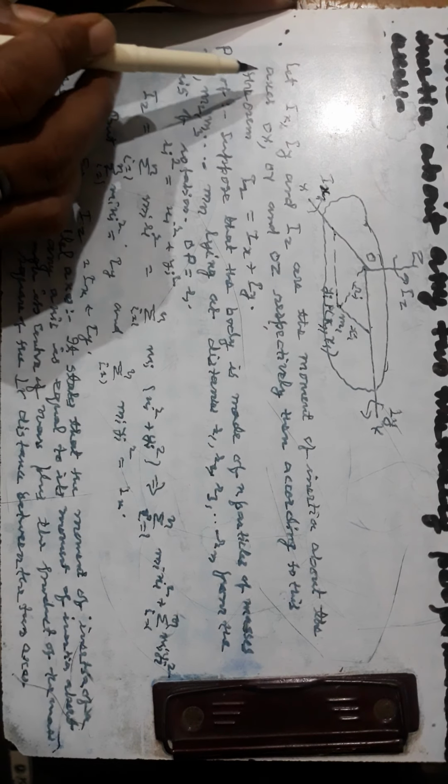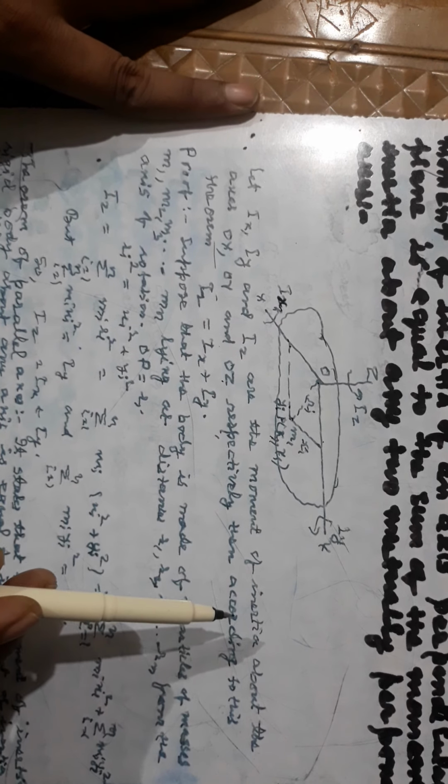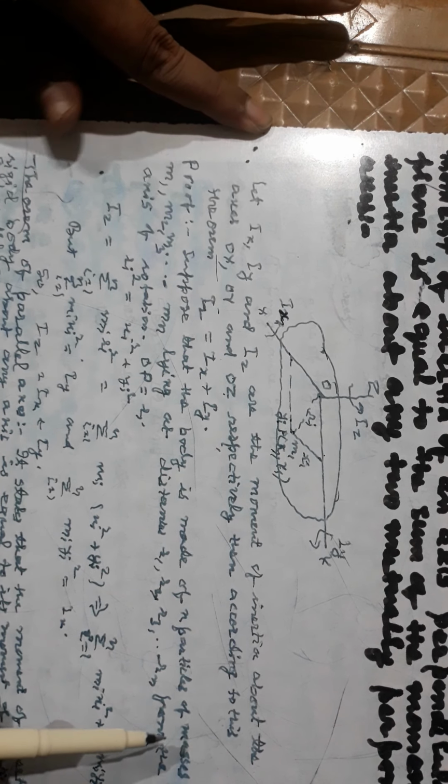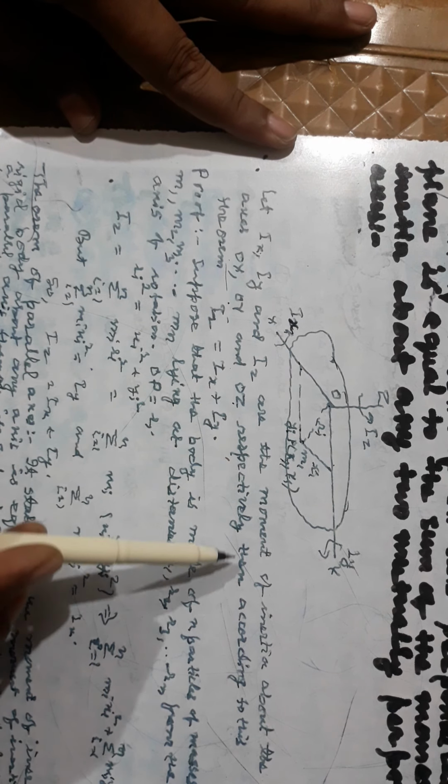Now let Ix, Iy and Iz be the moments of inertia about the axes Ox, Oy and Oz respectively.